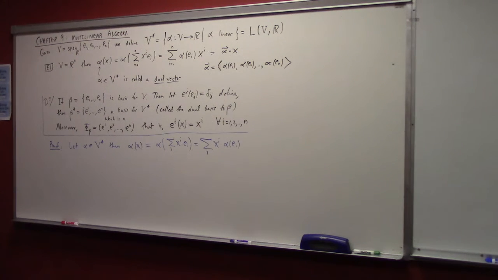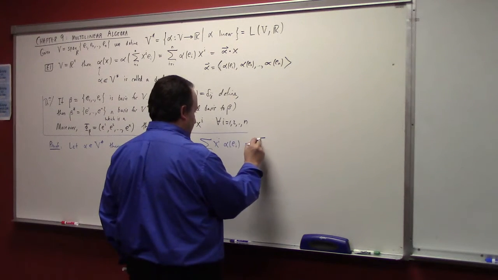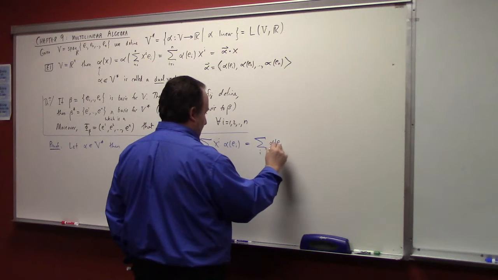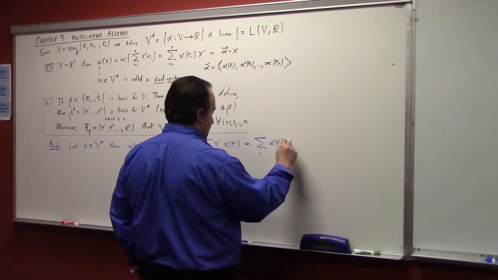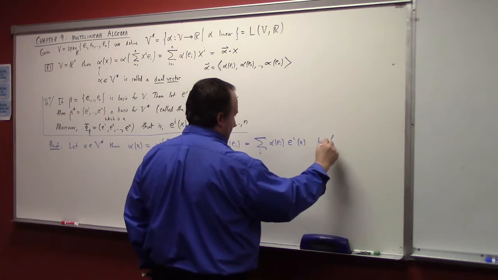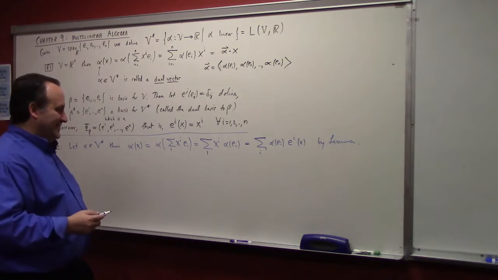I really should have proved a lemma before I wrote this down, but I'm just going to write it. And this is equal to the sum over i of alpha of e_i, e upper i of x by the lemma.